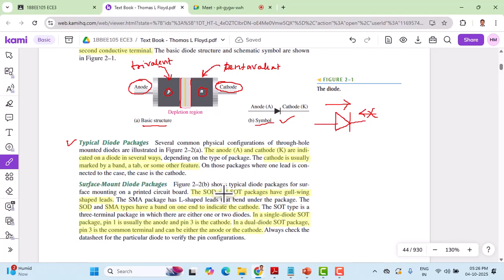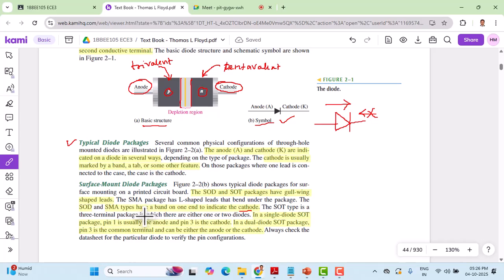The SOD and SOT packages have a gull-wing type of shape, whereas the SMA package has L-shaped leads. We'll show the diagram representation of these packages. The SOD and SMA types have a band on one end to indicate the cathode, and the other is understood to be the anode.